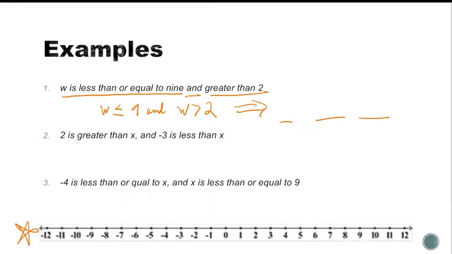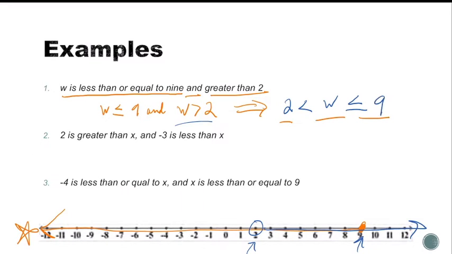I might want to sketch my graph. So I have w is less than or equal to 9 and w is greater than 2. Where is this overlap? Well, this overlap is from 2 to 9. So I could say 2 is less than w, which is less than or equal to 9.